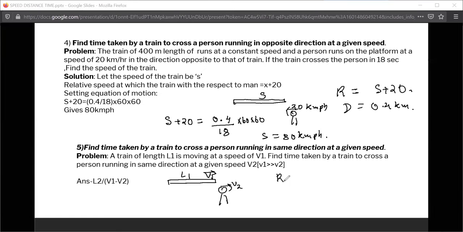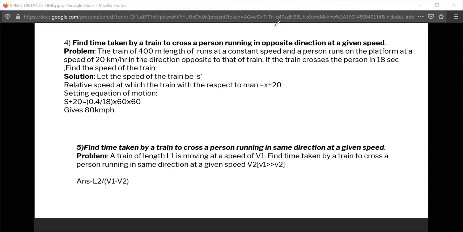So relative speed will be V1 minus V2. So time will be distance, that is the length of the train, L1, by V1 minus V2. And this is your answer. Let's move to the next question.